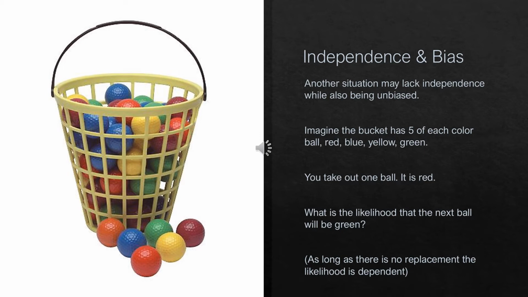Unless you were to replace the initial red ball, the next choice of a ball is, in a sense, dependent. The likelihood of the next choice is dependent on the fact that you pulled a red one out before. So it changes the probability in this case, and so the actual likelihood of the second ball being taken out is different and so dependent.